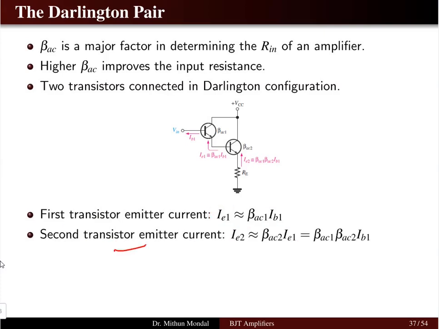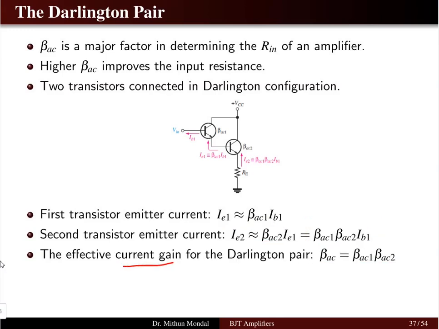For the second transistor, similarly, we can calculate the emitter current, which is beta AC2 into IE1, because this is the same current which is coming into the base of transistor 2. So that is equal to the product of the two current gains multiplied with the base current of the first transistor.